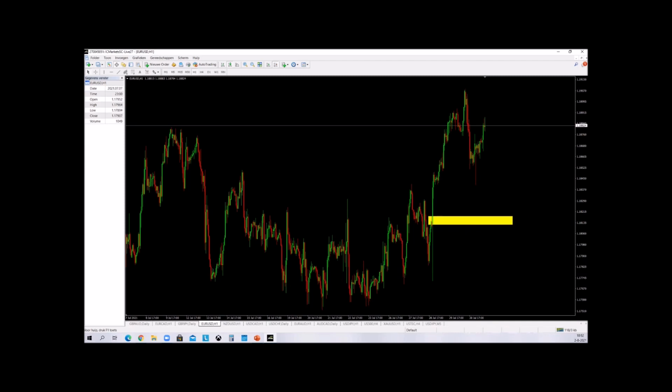Why? Because we've had a massive level over here. Look at all the touches. These also, so this is a very big structural level. Now we got a breakout. And usually price retests the last bit of resistance, which in my mind is the yellow box.